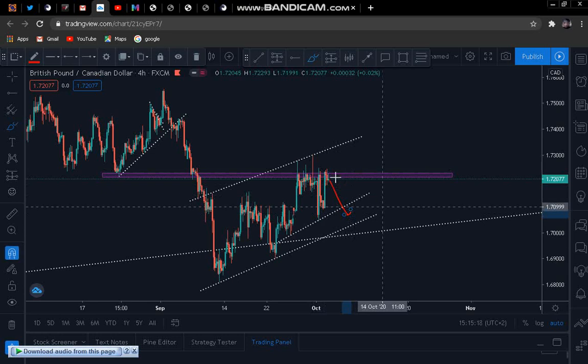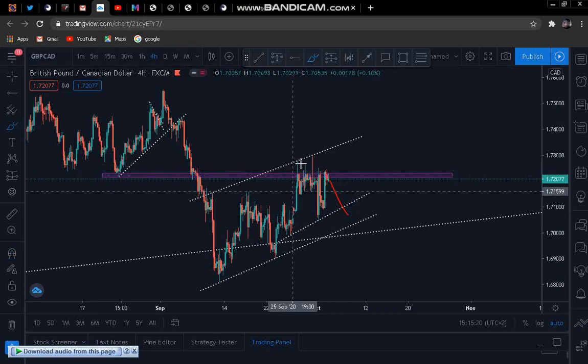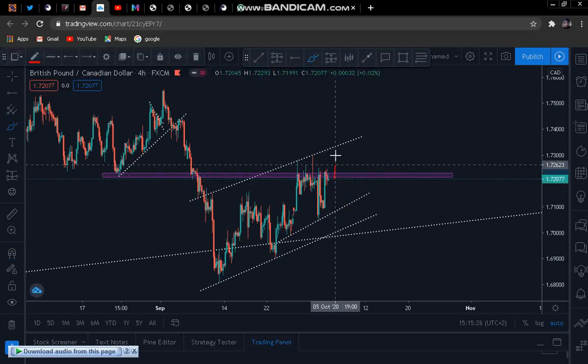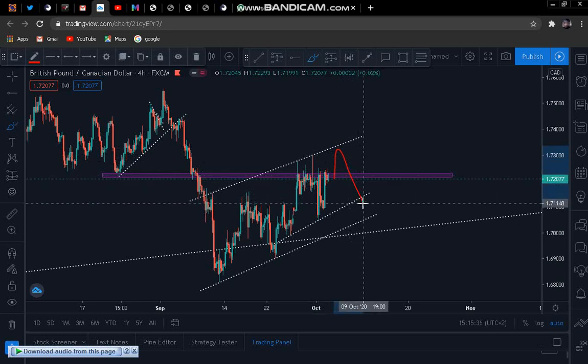But another one that could play out is that we see the chart break this level of resistance and retest the trend line. Then that bounce is what we trade on the downside, with the expectation that we want it to go and break into this area.